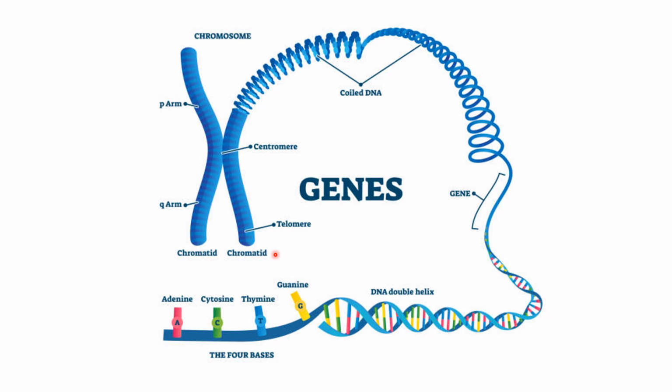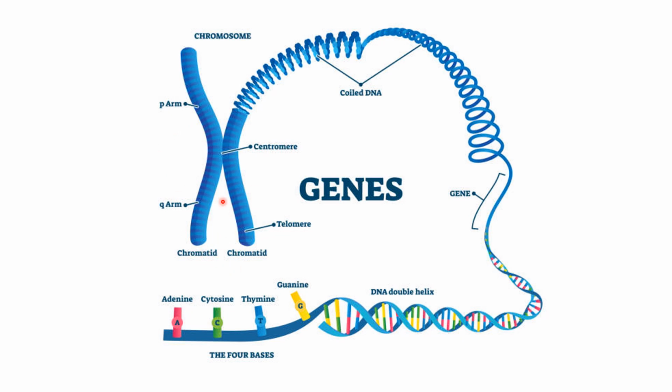As I mentioned before, let's look at the difference between the chromosome, gene, and DNA, and the structure of each. As you can see here, this is a chromosome. A chromosome is a very coiled structure.